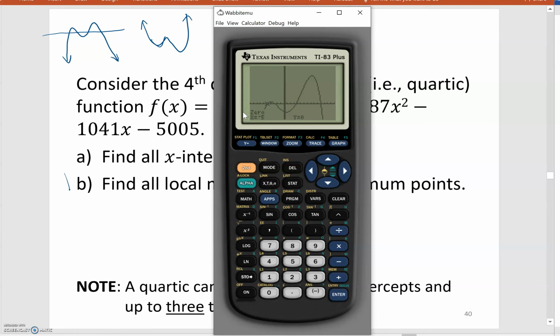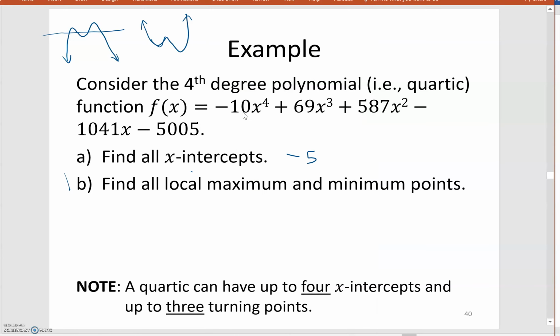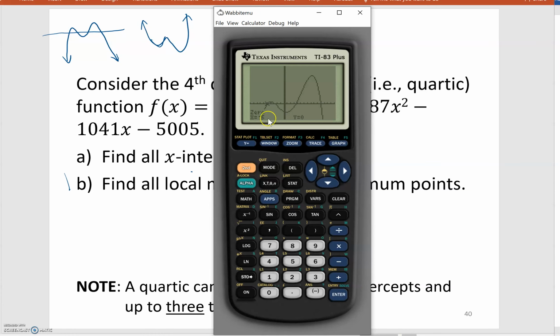So our first 0 is at -5. And then we have 3 more. Now if you understood that process, you just repeat it 3 more times. I'm not going to go find all 4 of them, but you do need to make sure that you can find any of these.